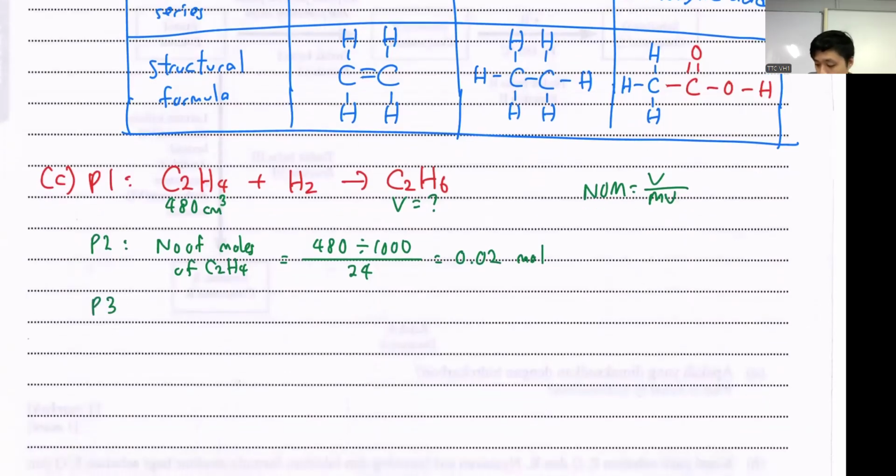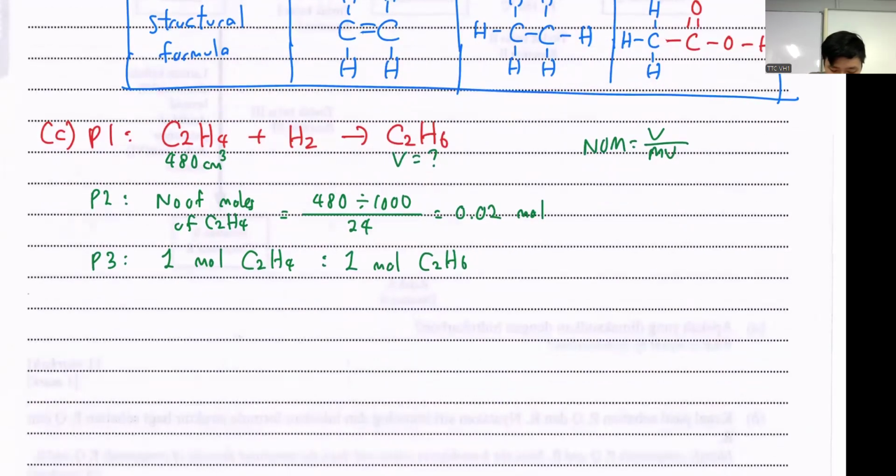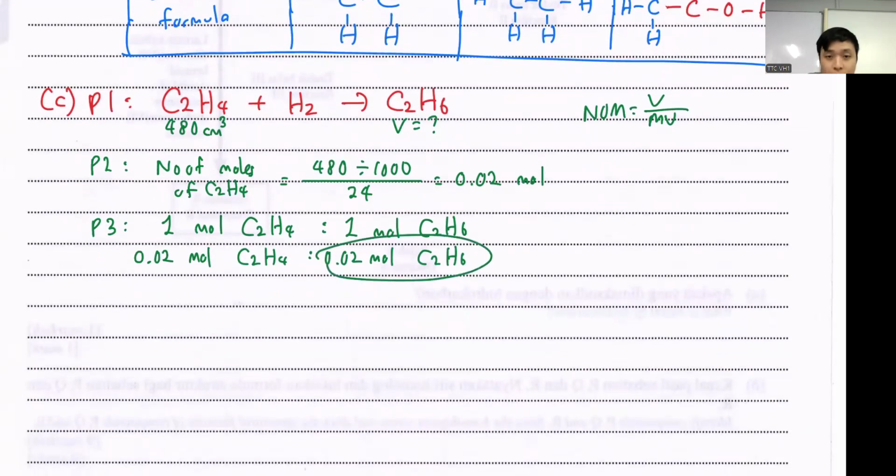Second part, mole ratio, 1 mole to 1 mole. Very simple. 1 mole C2H4 produces 1 mole C2H6. If I put 0.02, same. Then use this mole to find volume.